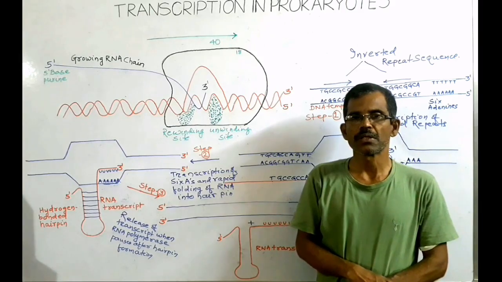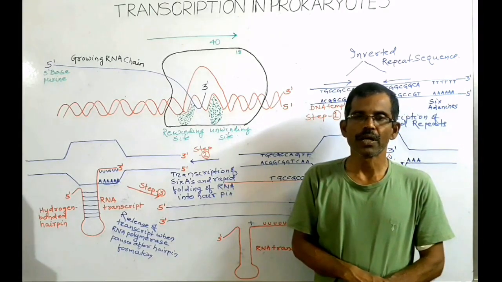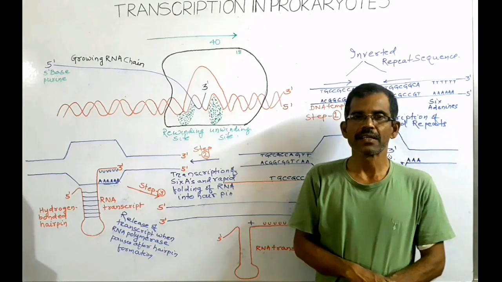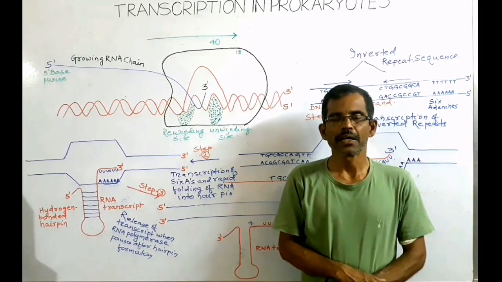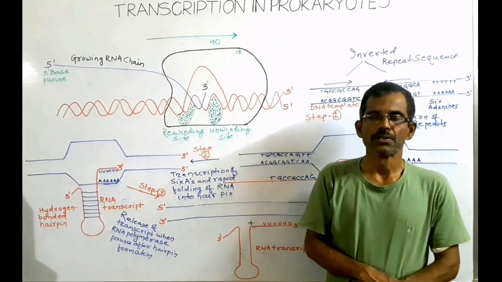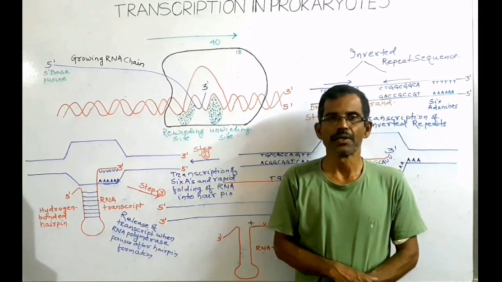The core enzyme extends the RNA chain processively by adding ribonucleotides to the 3' end of the growing RNA chain.